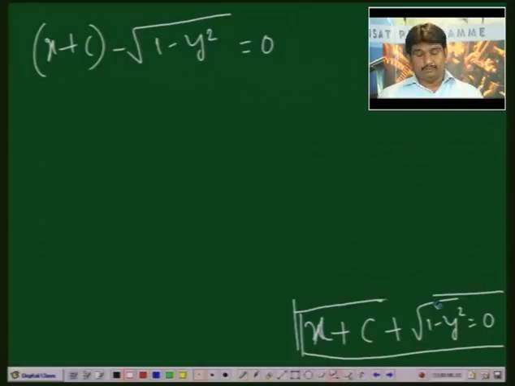So, you have two solutions here. One is x plus c minus root of 1 minus y square equals 0. Another is x plus c plus root of 1 minus y square equals 0.